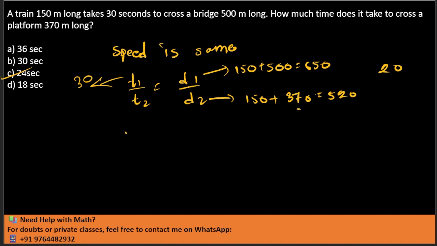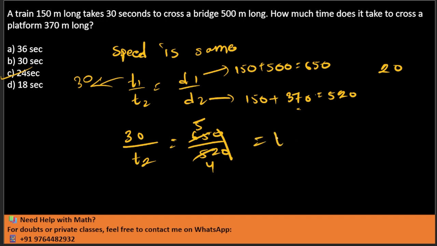So 30 upon t2 is equal to 650 upon 520, and 5 times with 13, 4 times with 30, and here we have to take the cross multiplication, so t2 is equal to 30 multiplied by 4 by 5, so 6 times 4, so it is equal to 24 seconds.